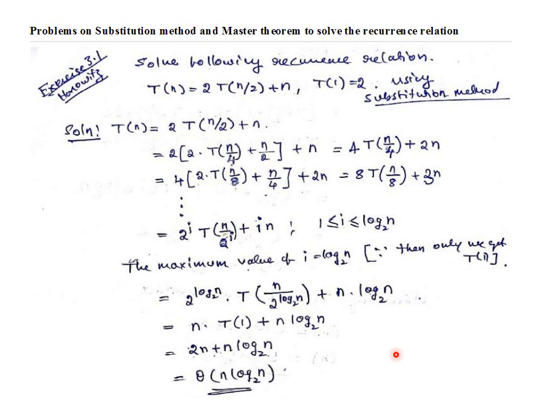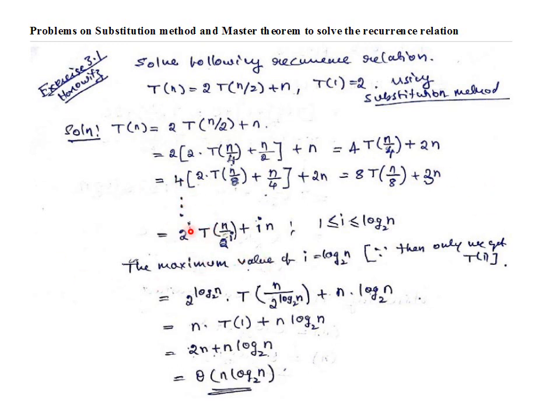So if the substitution method is true for these numbers, then generally we can assume that this is true for all the values. Now in our problem we assume that 2 to the power i is equal to n.